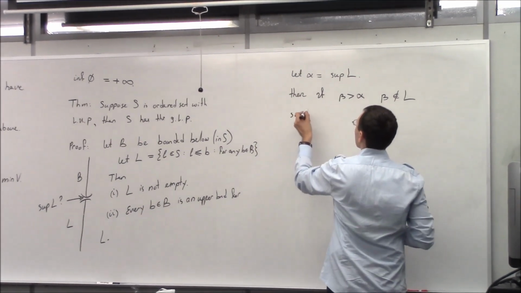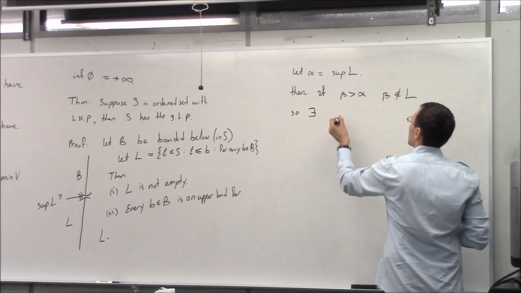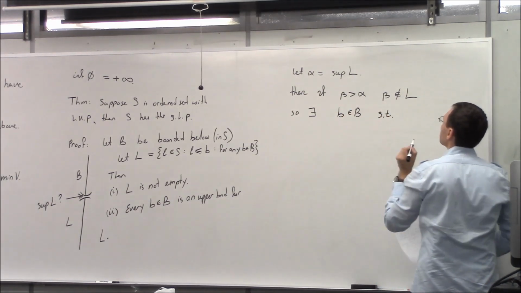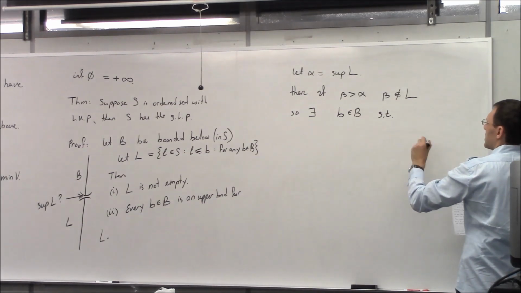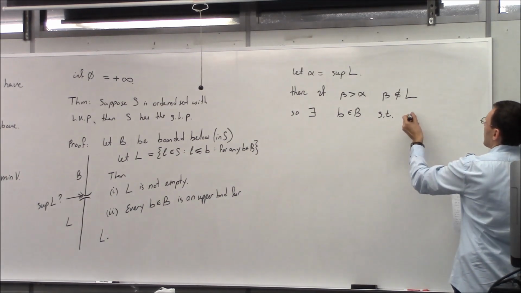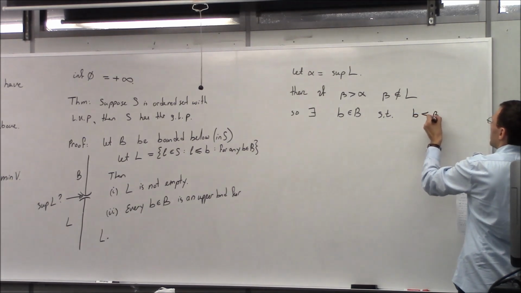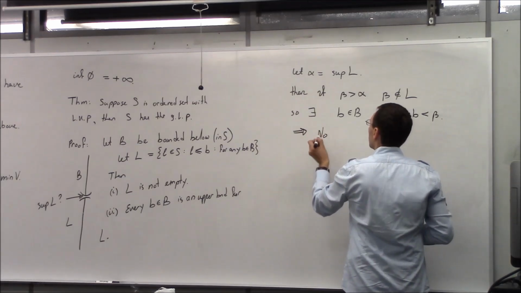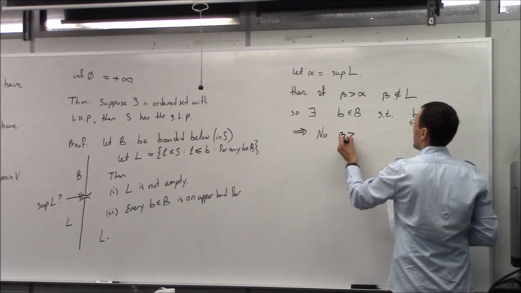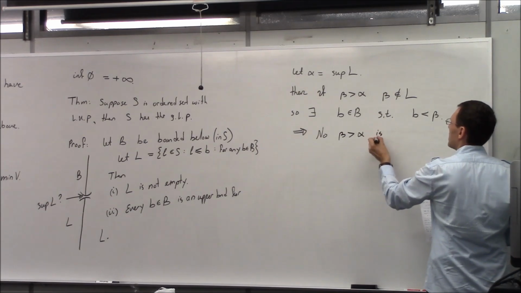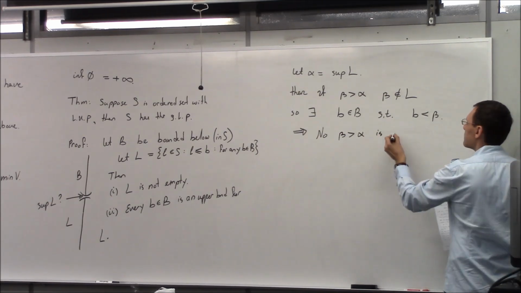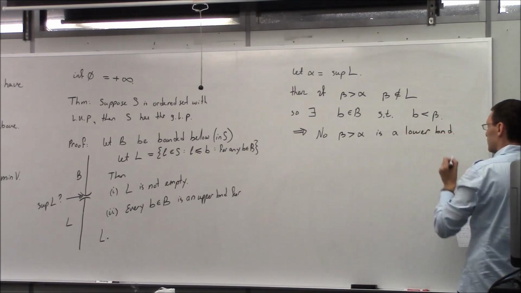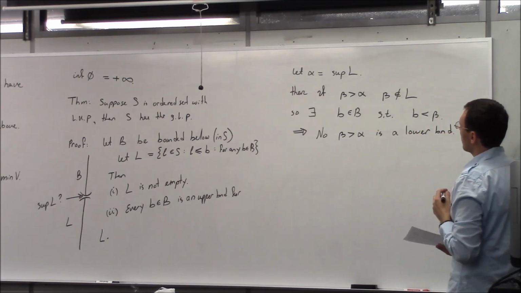So there exists a v belonging to V such that v is less than beta. And what we have shown is that no beta bigger than alpha is a lower bound.